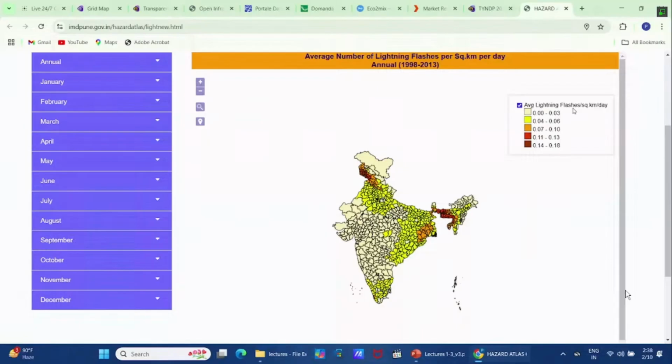At that point there is the stroke, so this charge is equalized. So there is a return stroke.